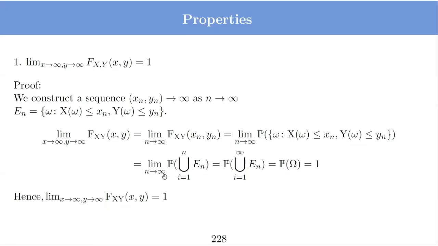There is no omega which will be left, because no matter what omega you take, X(omega) and Y(omega) map to a number less than infinity. So you will be able to find one xn and yn which is above that number. So from this we can say this is equal to 1. So the limit goes to 1.